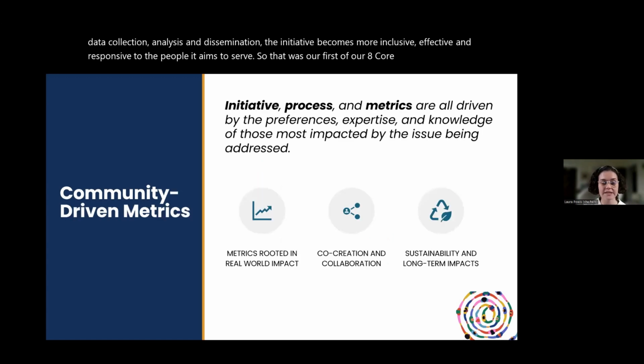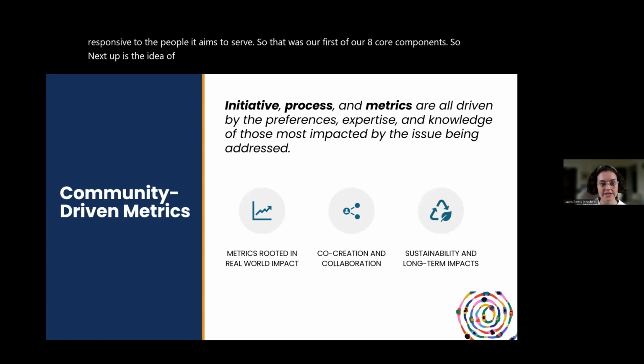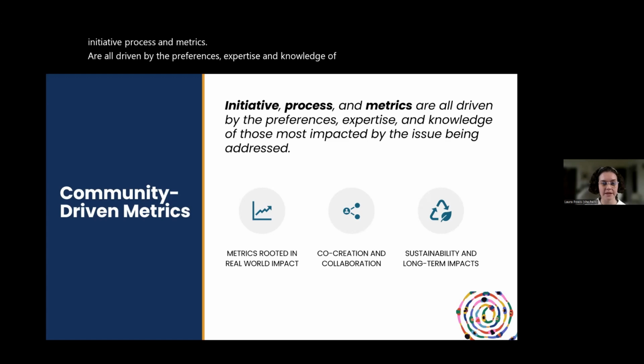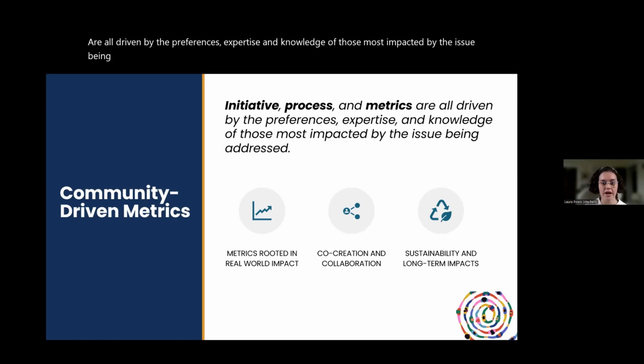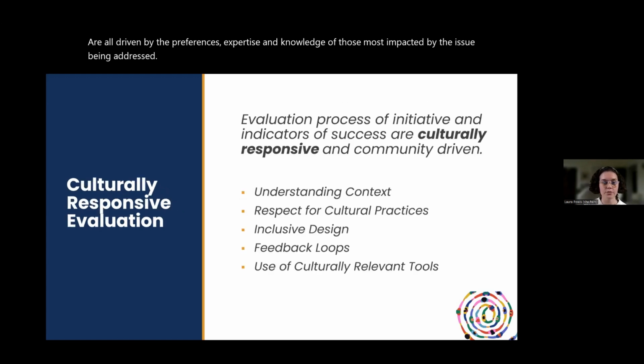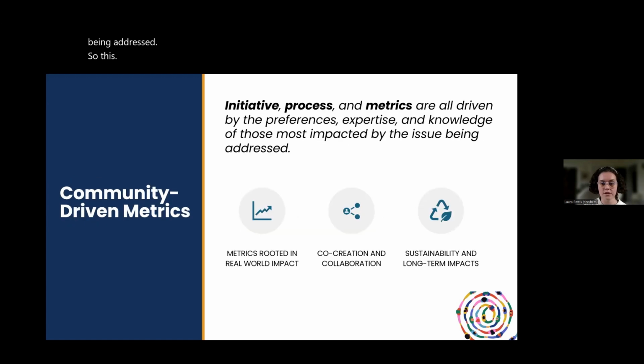Next up is the idea of community-driven metrics. Really this boils down to the initiative process and metrics all being driven by the preferences, expertise, and knowledge of those most impacted by the issue being addressed. So this includes metrics that are rooted in real world impact.